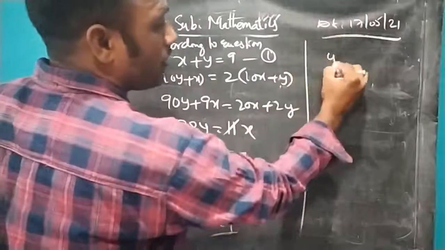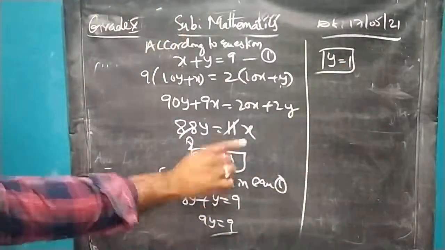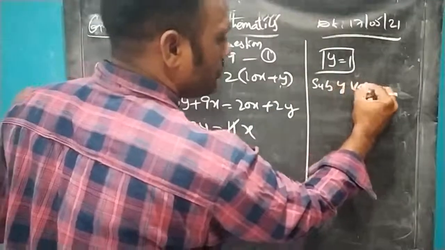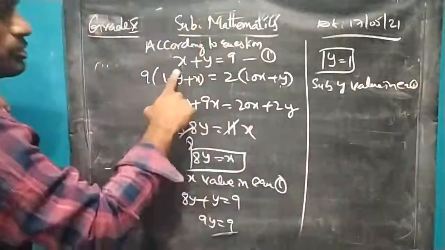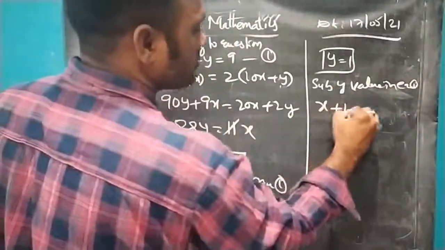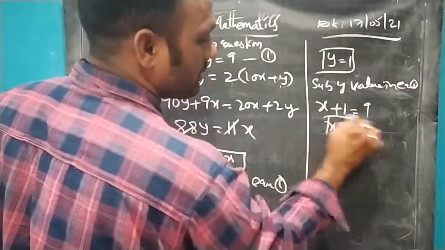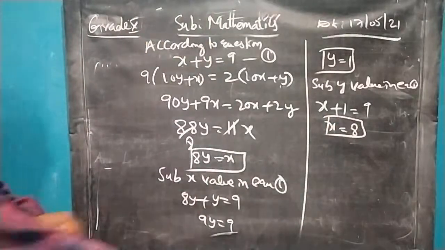So we are going to get y is equal to 1, 9 by 9 which is 1. After getting the y value, substitute the y value in equation 1. So x plus 1 is equal to 9. x is equal to 8.